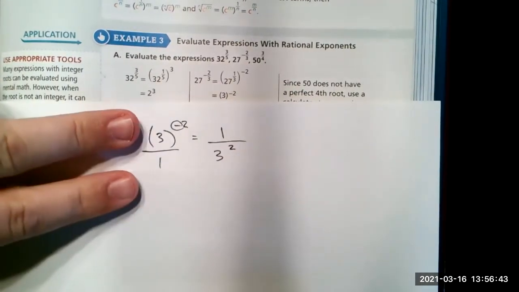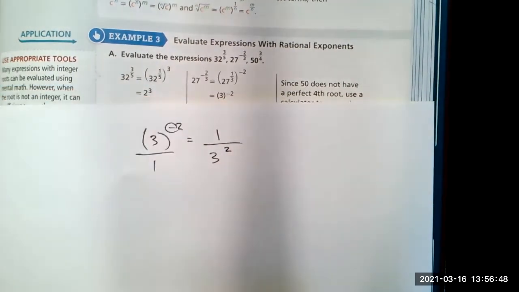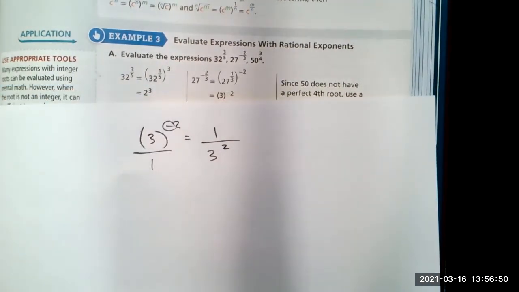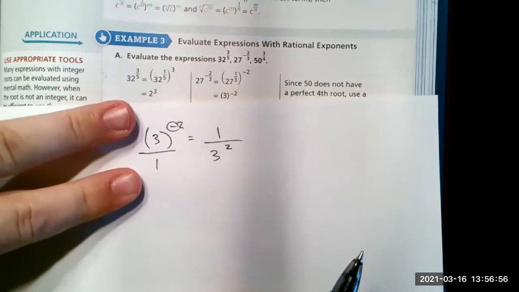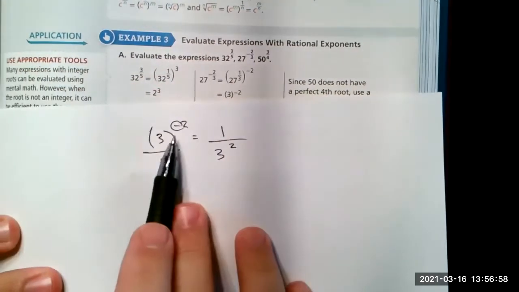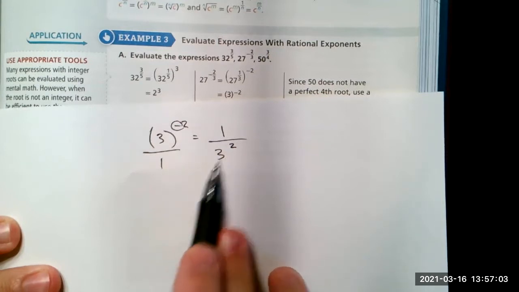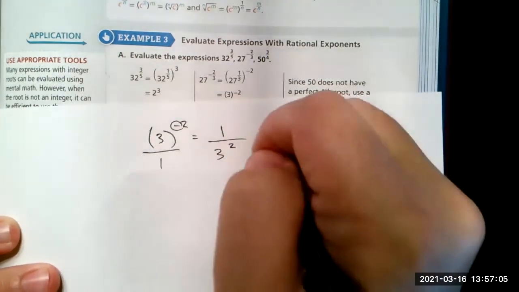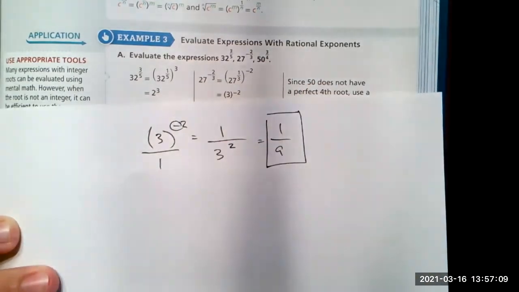So a negative exponent basically tells you to flip that fraction. But one thing I want to make clear is look what happened to that negative. It went away. So once I take that thing and I flip it, the negative sign goes away. I no longer have 3 to the negative 2nd. It's just 3 to the 2nd. So up top is just a 1, 3 squared is 9, and that's how they're coming up with 1/9.